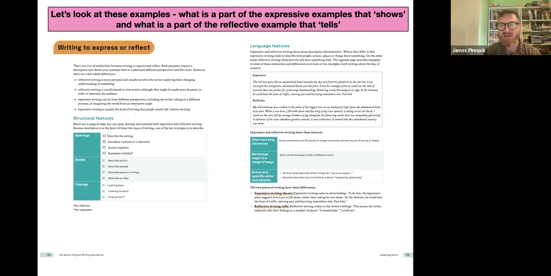So on the right-hand side, there's a couple of examples, okay? There is a similar thing being written about in each of these examples, but the expressive writing focuses more on showing. The reflective example focuses more on telling.